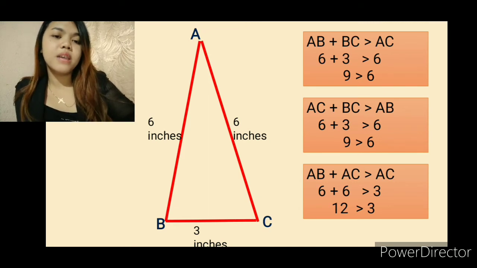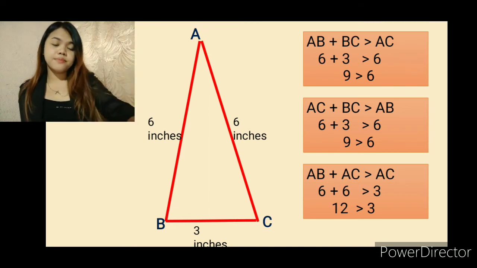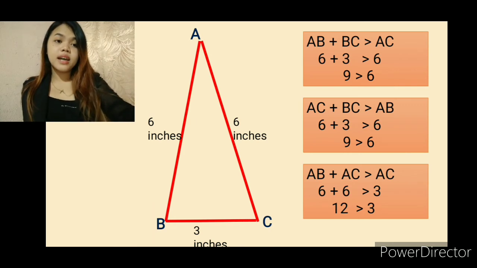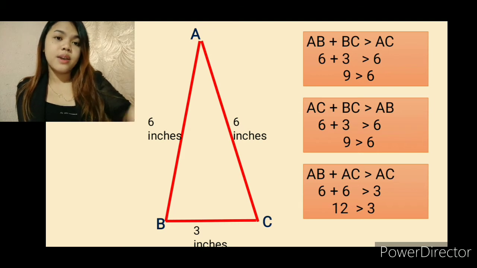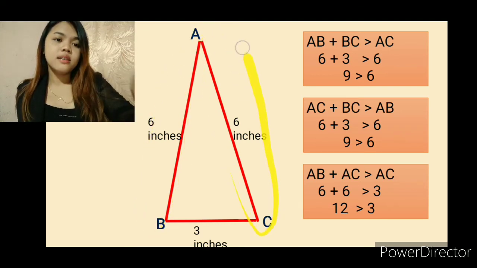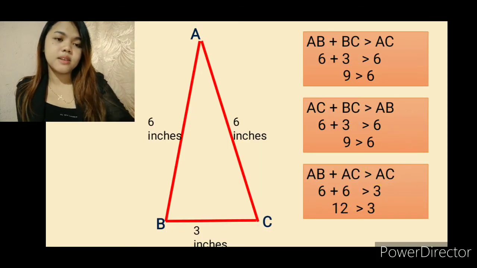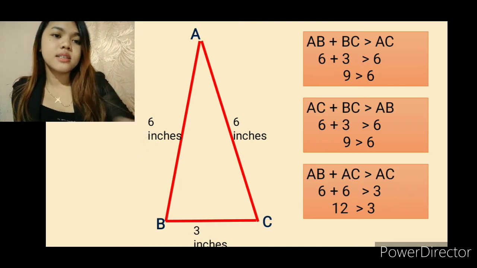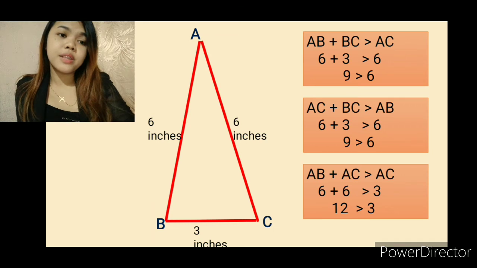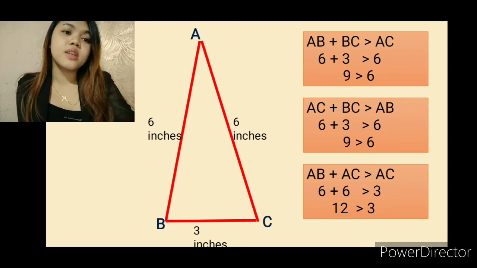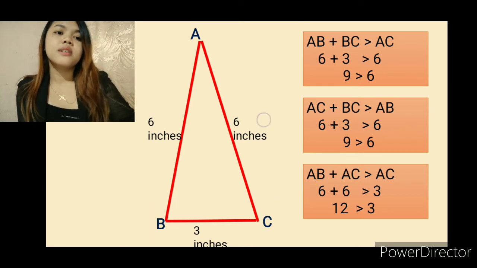And the third one, we have AB plus AC is greater than, class, for correction, this should be BC. So AB plus AC, 6 plus 6, is greater than BC, which is 3, because 6 plus 6 is equal to 12, and 12 is greater than 3. So it satisfies the third.